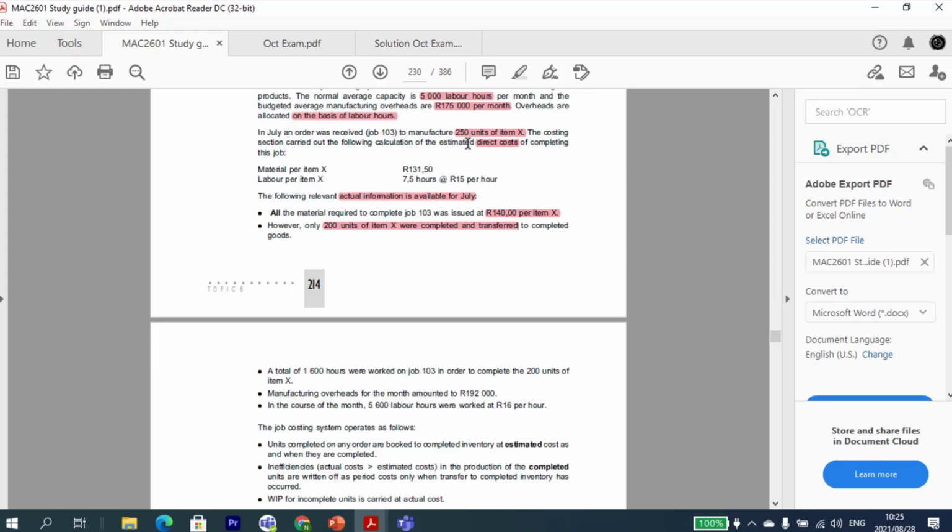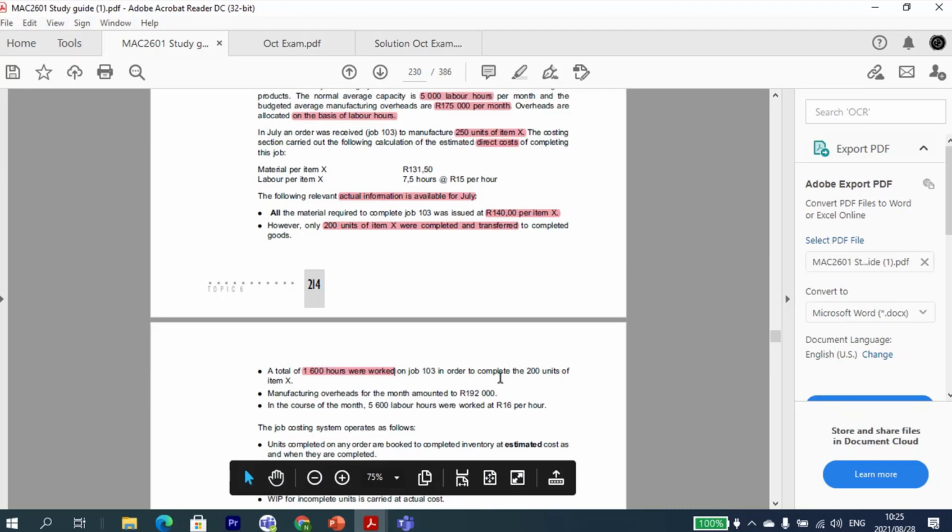So instead of the 250, they only managed to produce 200 units. A total of 1,600 hours were worked. So these are the actual hours to complete the 200 units. Manufacturing overheads for the month were 192 in total.